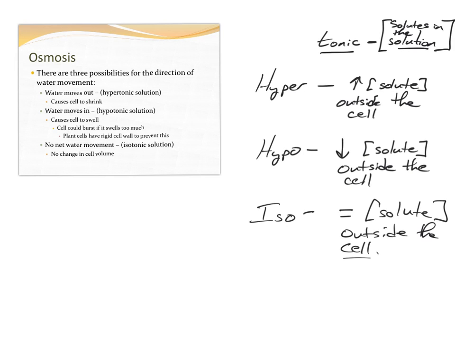Iso in this case means the same, equal. Like isosceles triangle means what? Equal sides. A triangle with 2 sides the same, right? Iso means the same.